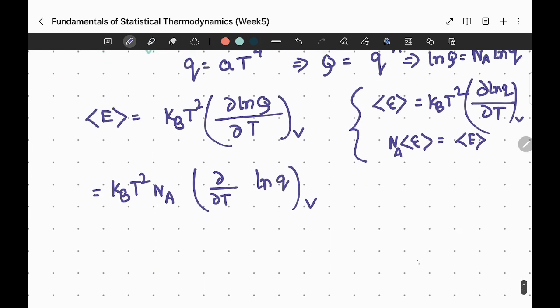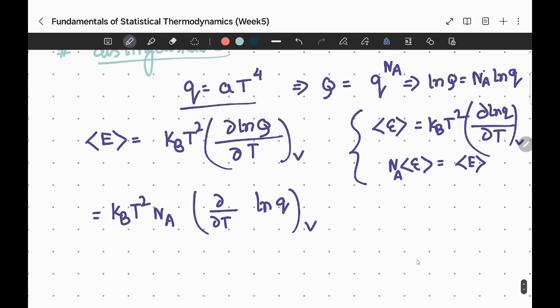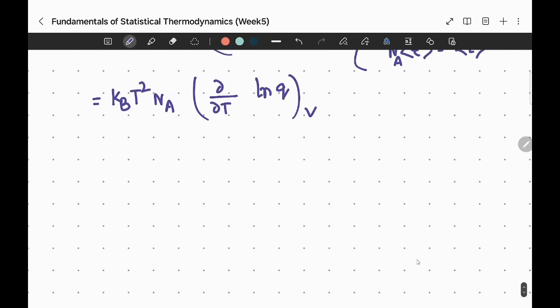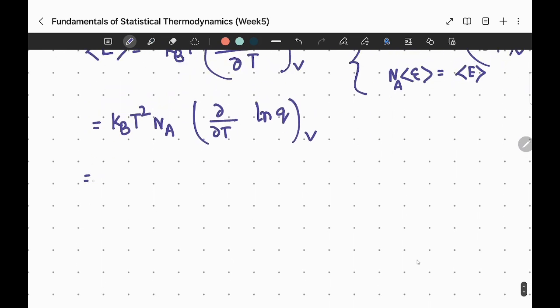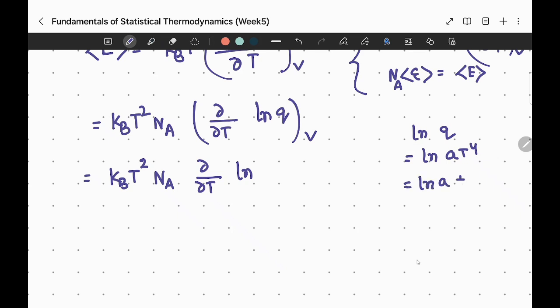And what is small q? A into T to the power 4. So ln q equals ln of A T to the power 4, which means ln A plus 4 ln T.